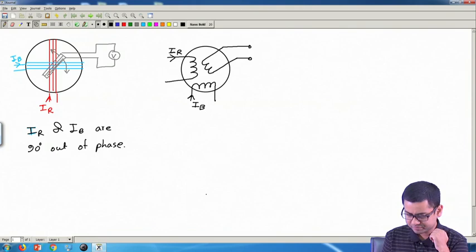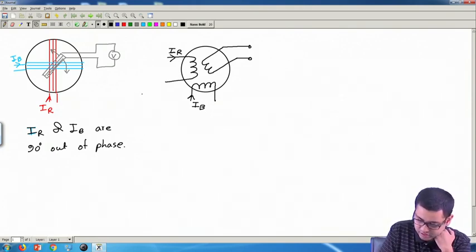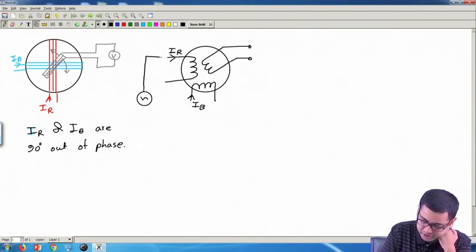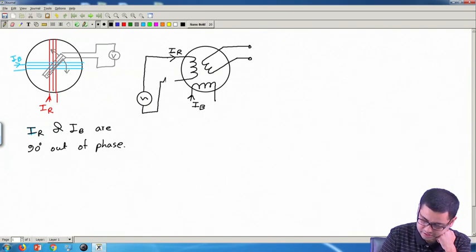How to get that? What we will do is as follows. We will connect an AC source, say here. Let me also put a rheostat so that we can control the amount of current.